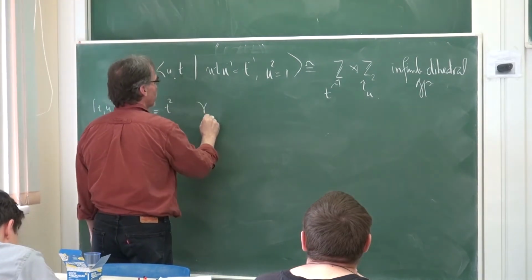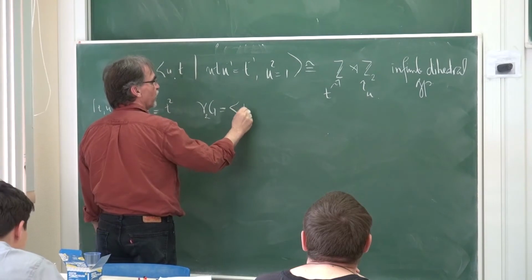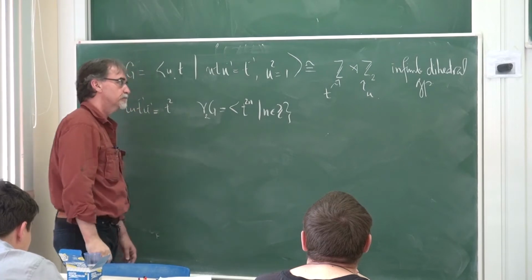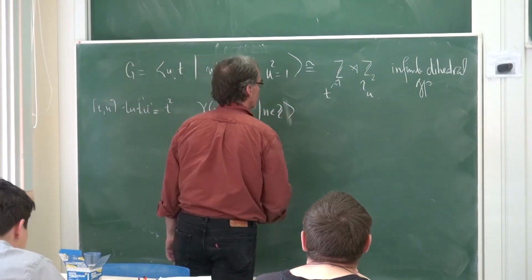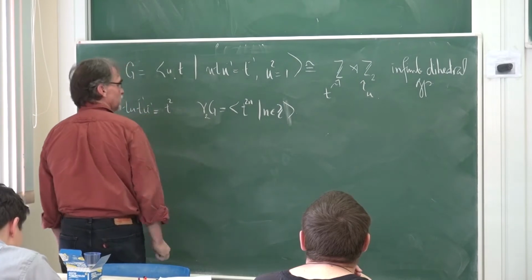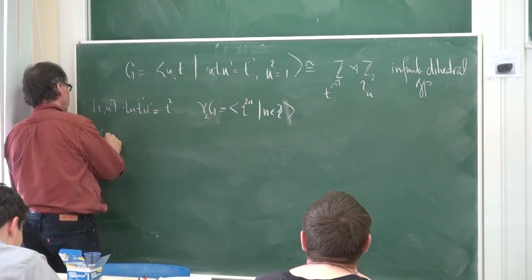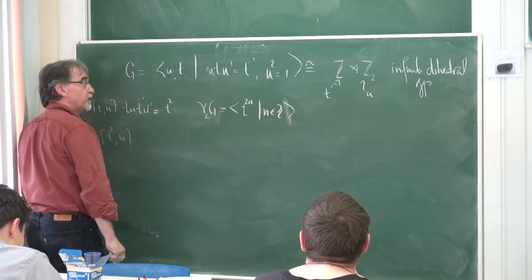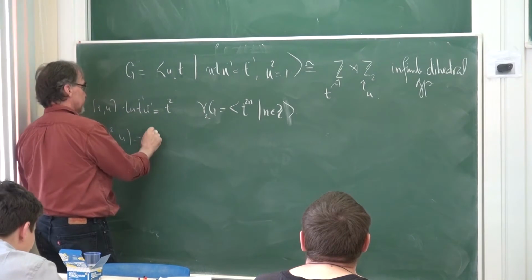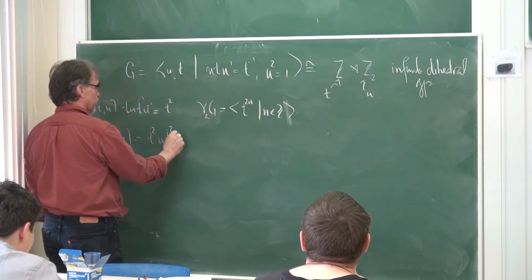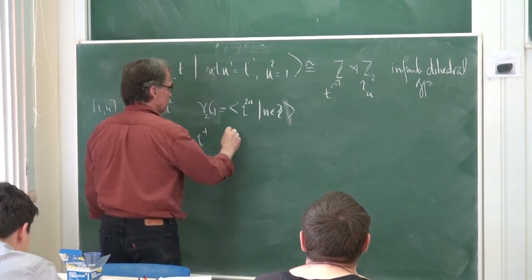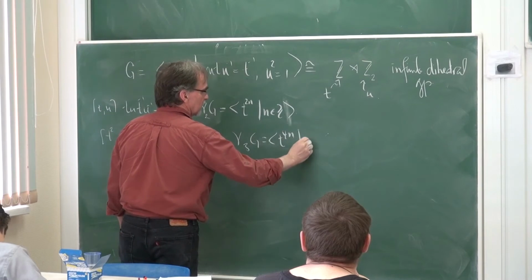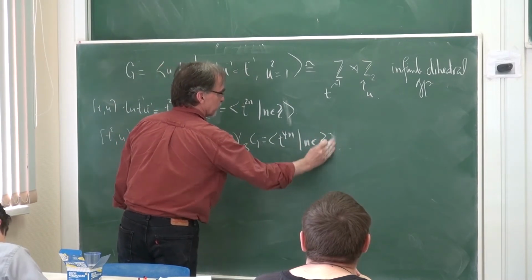And so gamma 2 of G is the subgroup of all things of the form T to the 2n, n in Z. And then I can take the commutators of T squared with U to figure out the next lower central subgroup. That's T squared U T to the negative 2 U inverse, and that's T to the fourth. And so gamma 3 of G equals T to the 4n, n in Z, etc.